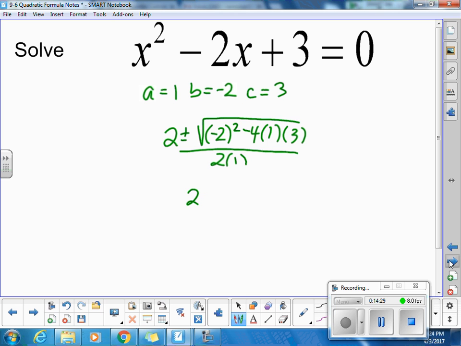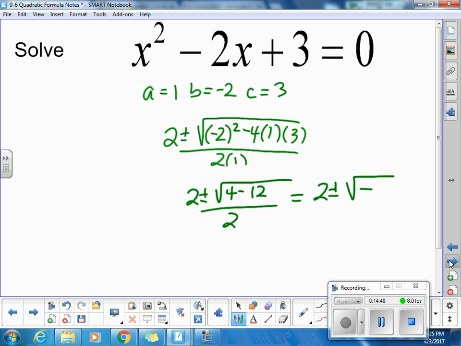All right, that would be 2 plus or minus square root. Negative 2 squared is 4, because negative 2 times negative 2 is 4, minus 4 times 1 times 3, which is 12, over 2.